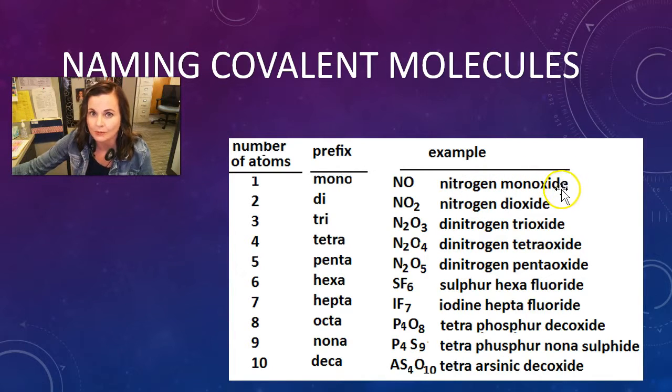So you don't put the prefix on the first part if it's mono. That's the only time you don't put the prefix on. Otherwise, the prefix goes on both parts. So N2O3 is dinitrogen trioxide.